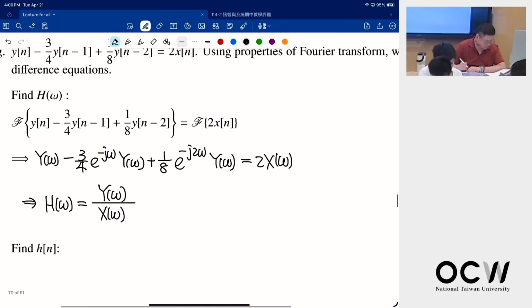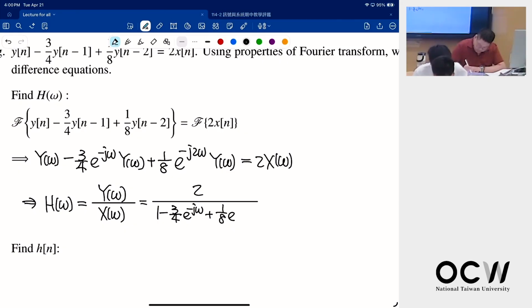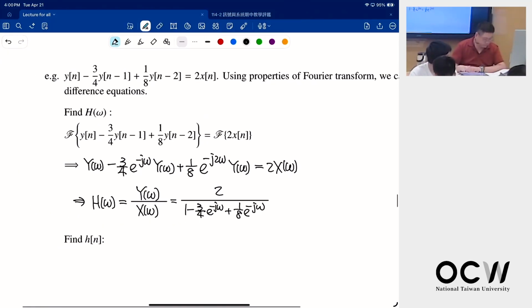So you get 2 divided by 1 minus 3/4 e to the minus j omega plus 1/8 e to the minus j 2 omega. That's in frequency domain. So back to the time domain.